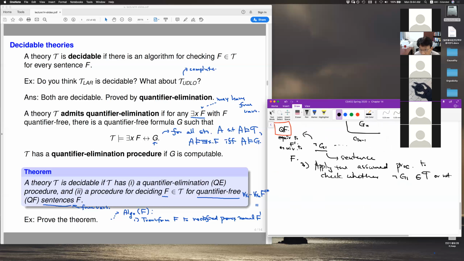If negation G1 belongs to T, then we can say this original F belongs to T. If it doesn't belong to T, we can say F does not belong to T. And we can do this because F is equivalent to negation of G1 under T. So under T, they are equivalent.